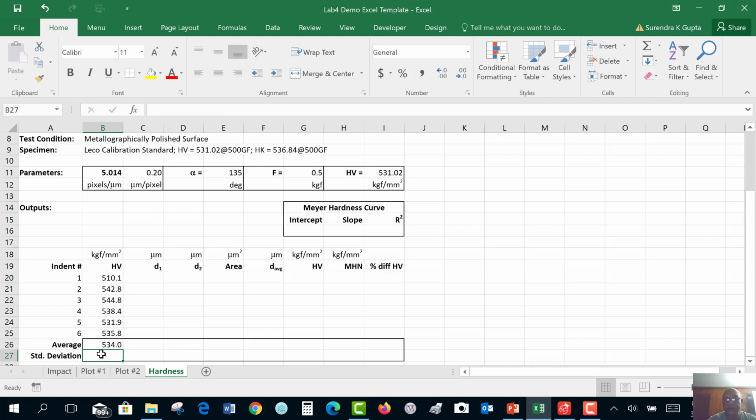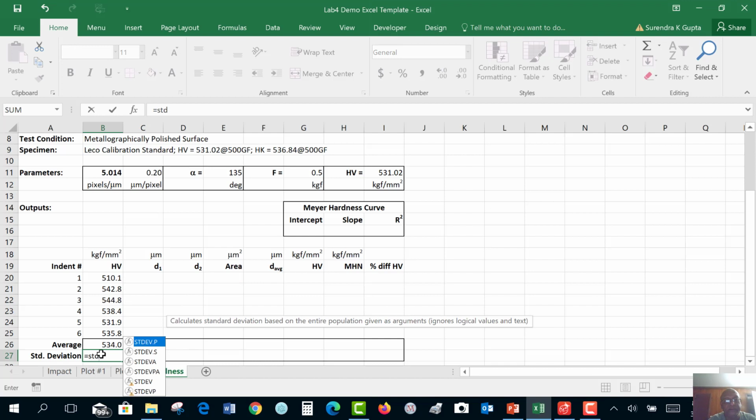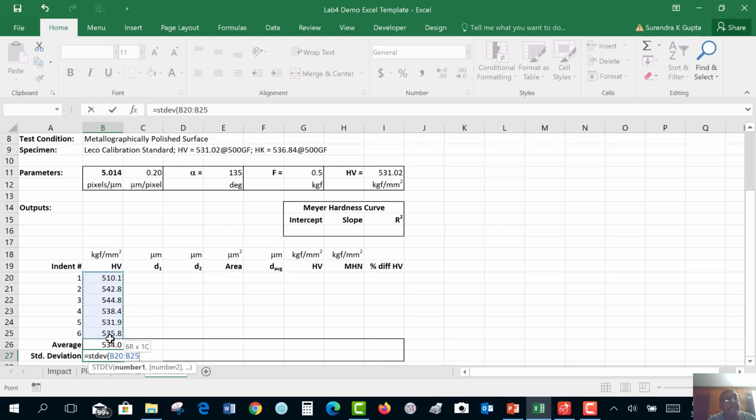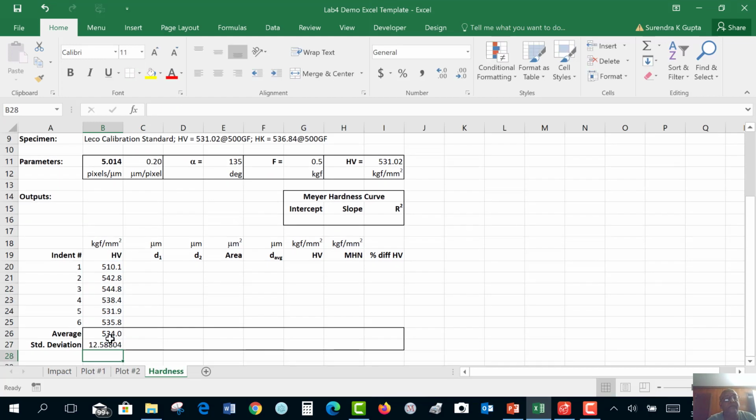Let's look at the standard deviation. It is 12.6, so this is between 546 and 522. Pretty large scatter. I would have preferred it to be within plus or minus 6, but 12 is okay.